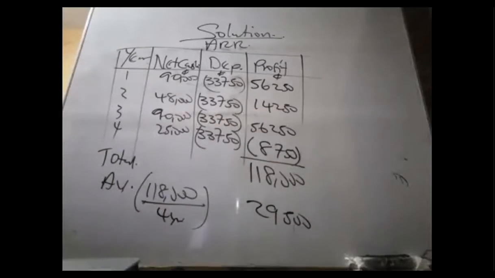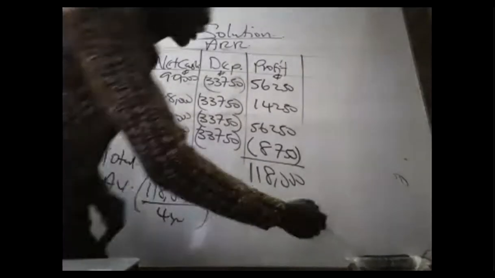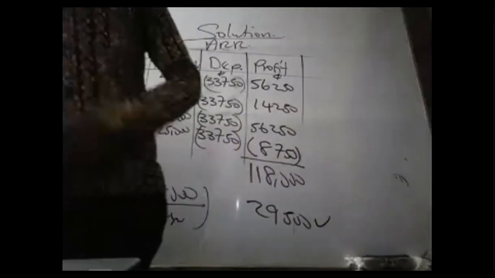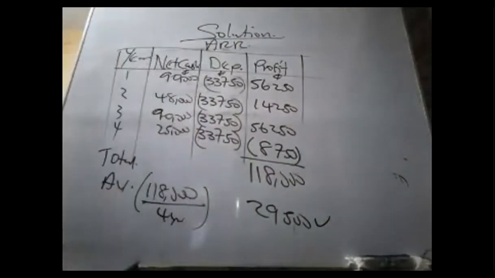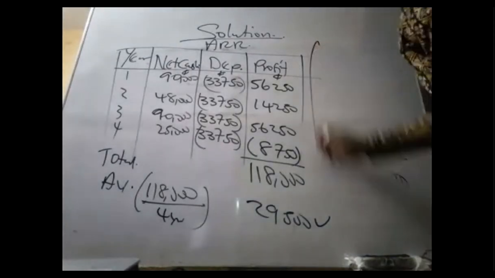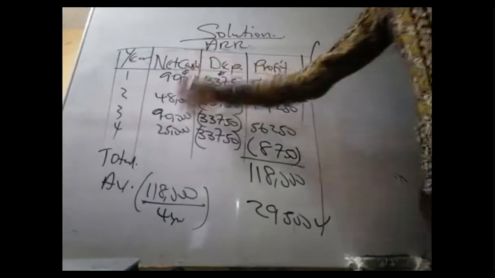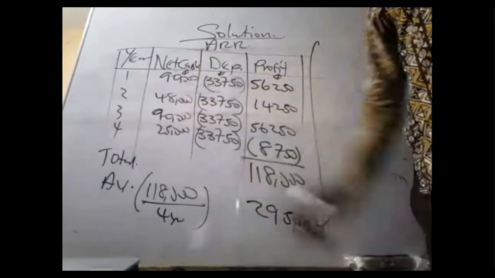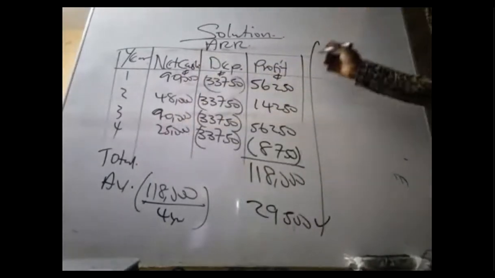Okay, so this approach is very lengthy. How to arrive at this average profit? This section is very lengthy. You can go through a shortcut. The shortcut is to just add the cash flows together, the total cash flow.